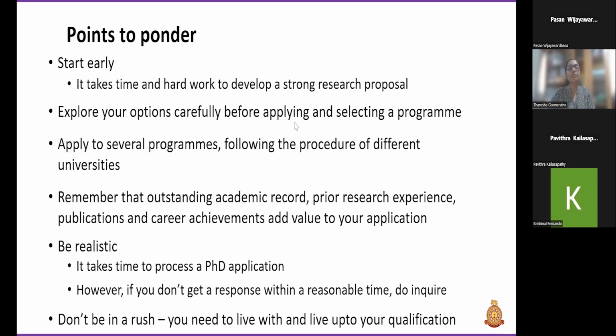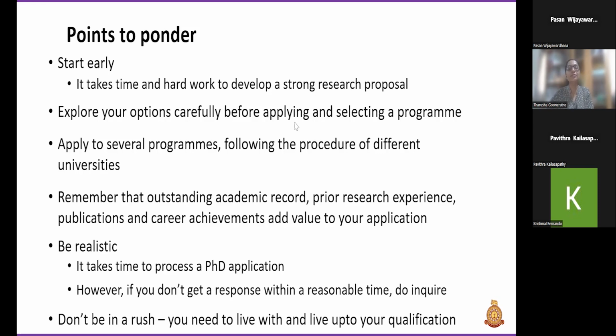From the way you have written the proposal itself, that message will get conveyed. Pavithra Miss told us a little while ago to show the proposal to someone. All that means taking time. So you have to develop it to a level that would be convincing to a potential supervisor and maybe a high ranking university, and that calls for a lot of work.